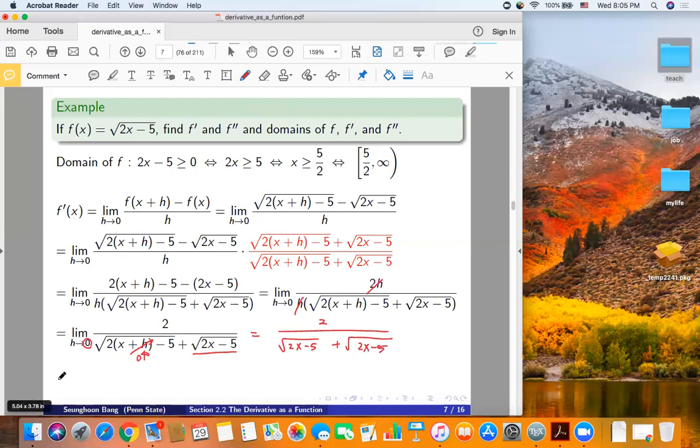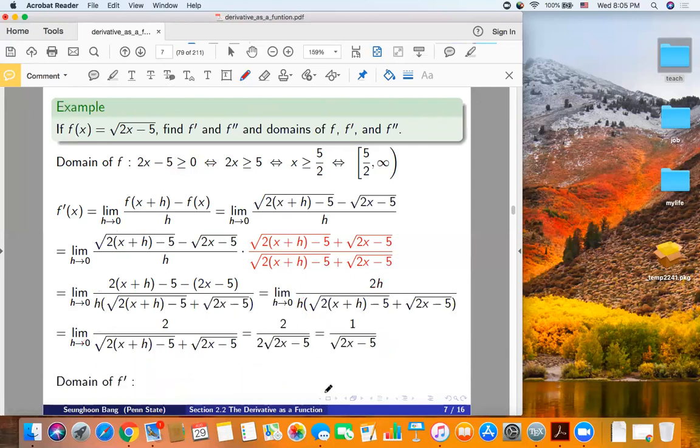So this is the same as 2 over exactly 2 times the square root of 2x minus 5. 2 is crossed out. The answer is 1 over the square root of 2x minus 5.